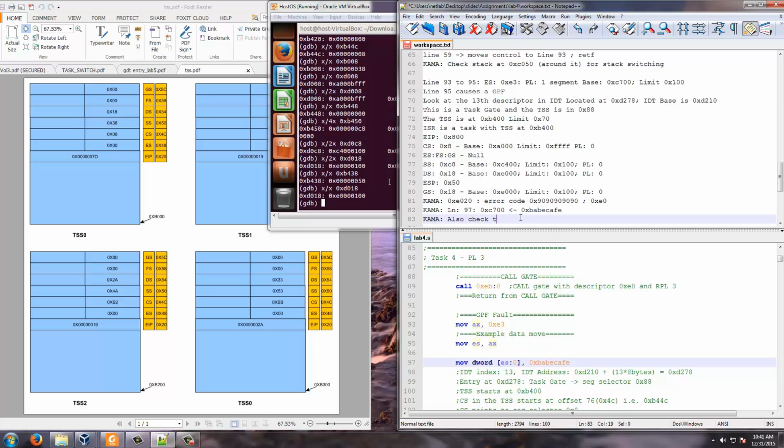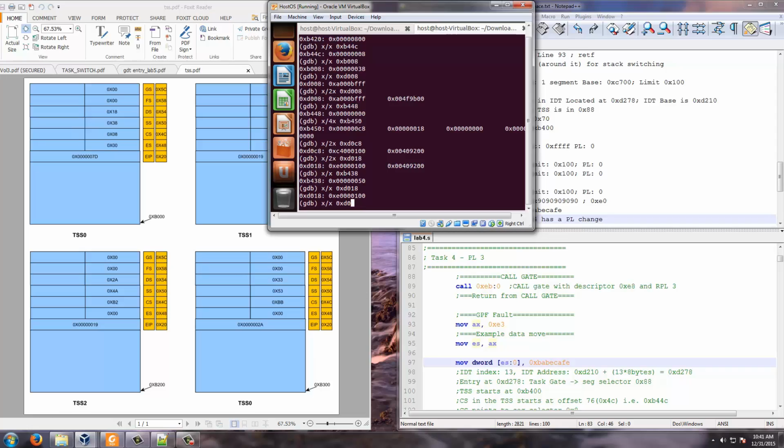0x also check that 0x D0 E4 has a PL change.